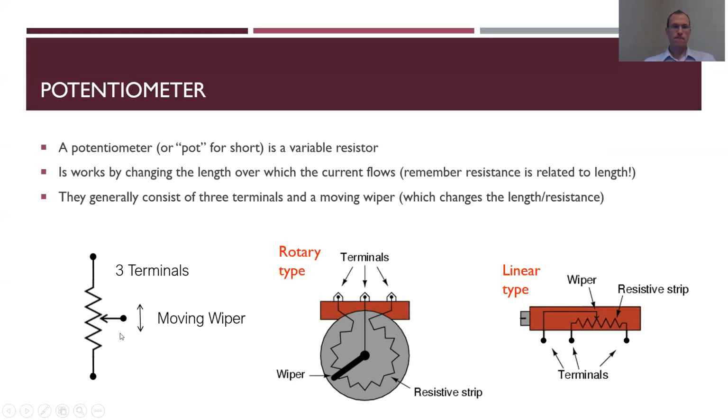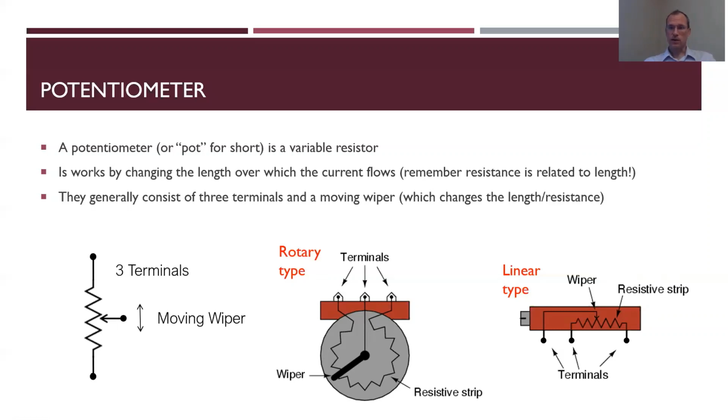So remember that the resistance depends on the length. Say this total resistor is a 10 kilo ohm potentiometer. We'll see a lot of those in lab. If I put this moving wiper halfway, halfway is only going to be half the length, and half the length is going to be half the resistance. Therefore, if I put this moving wiper right in the middle, that should give me 5 kilo ohms of resistance instead of 10.